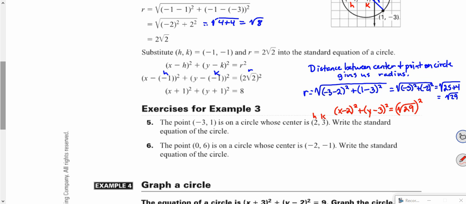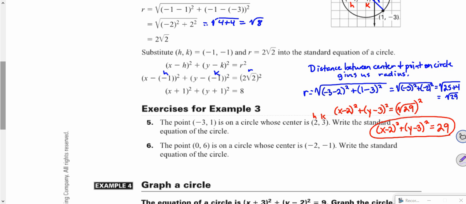Well, obviously the square root and the square are going to cancel. So this leaves me with x minus 2 squared plus y minus 3 squared equals 29. That would be my final answer. I hope that makes sense. Now the next one.